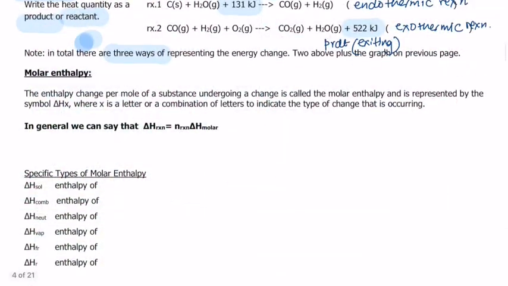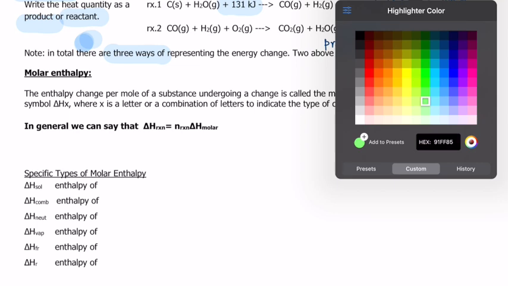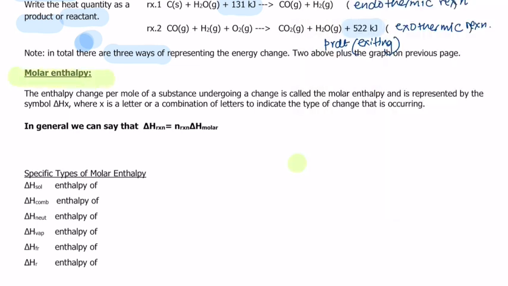Let's define the term molar enthalpy. Molar enthalpy is the enthalpy change when 1 mole of a substance is undergoing a change. This is represented by the symbol delta H subscript X, where X could be a letter or a combination of letters that indicates the type of change that is occurring.